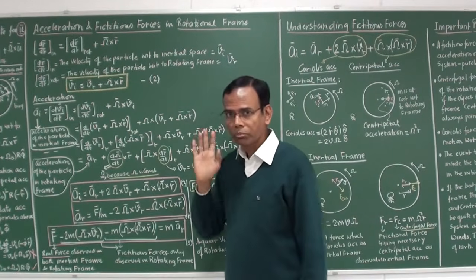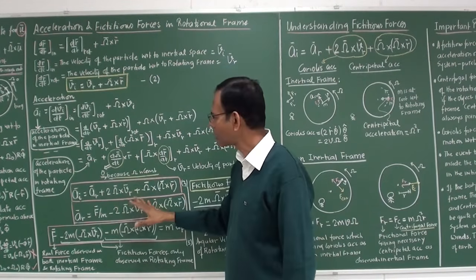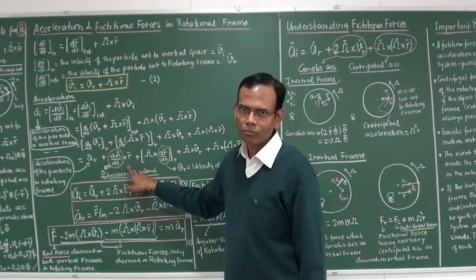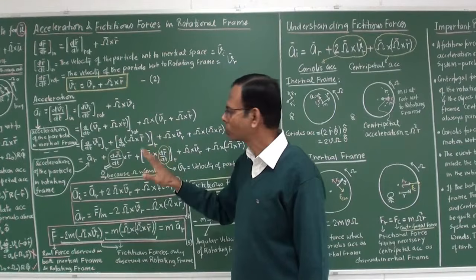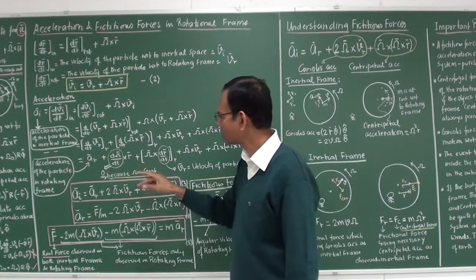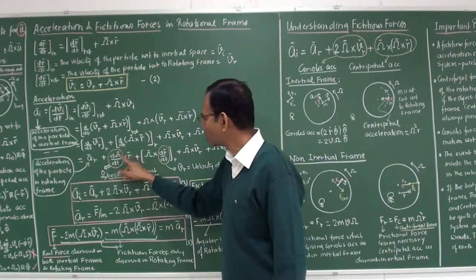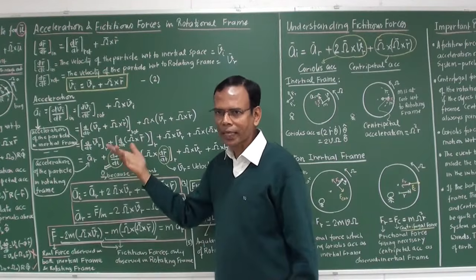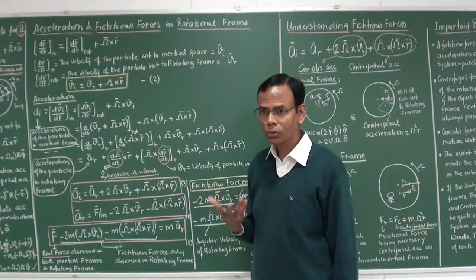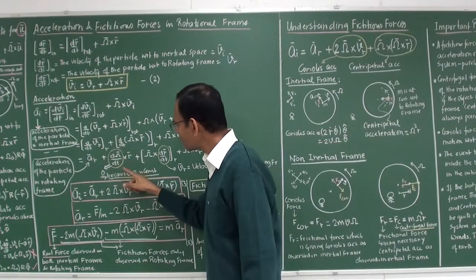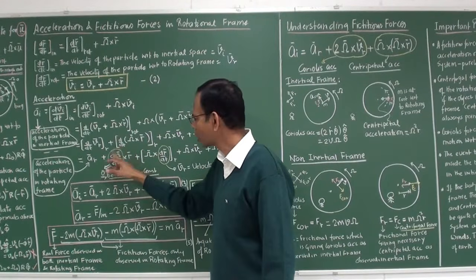At that time, mind it, you have to be very careful: this final expression will not work, and you have to add this term, d omega by dt cross r, whatever it is, you may write it as alpha. The force m times d omega by dt cross r is known as the Euler force. So if omega is not constant, you have to add this Euler force.